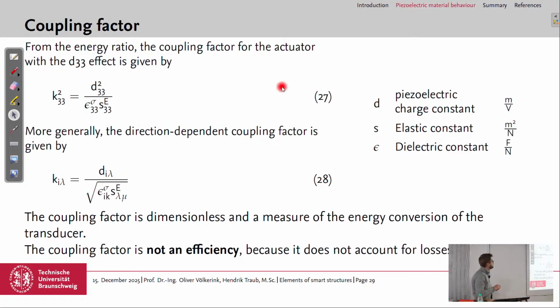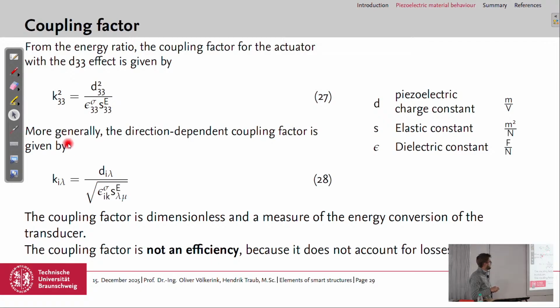From the energy ratios, if we use the equations for the mechanical and the electrical energy and put them in the equation for the squared coupling factor, then we get this equation. So for the 3,3 effect, the longitudinal effect, we have d33 squared divided by the permittivity at a constant stress times the compliance at a constant electric field.